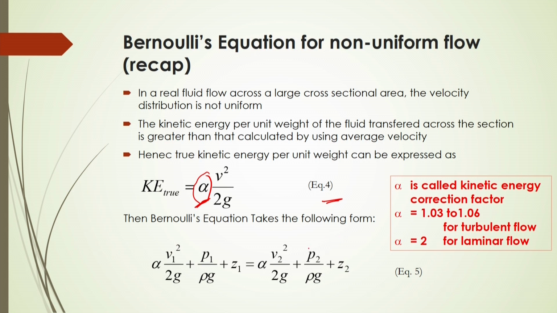The Bernoulli's equation takes the following form after incorporating the kinetic energy correction factor, which will be 1.03 to 1.06 for turbulent flow, and 2 for laminar flow, as already discussed in the previous class. So, you have to remember this correction factor for laminar and turbulent flow, and its incorporation in the Bernoulli's equation for non-uniform flow.